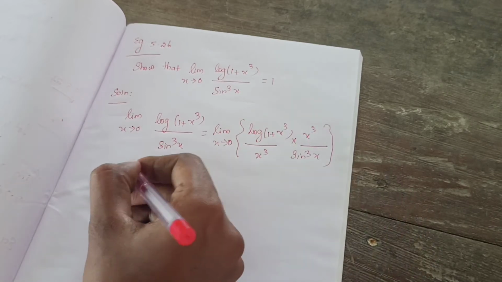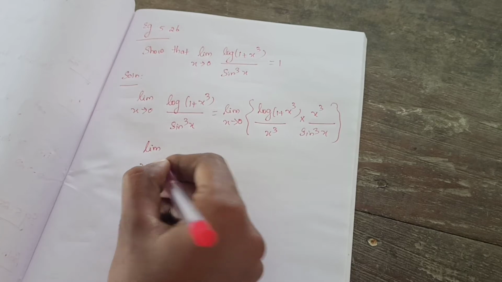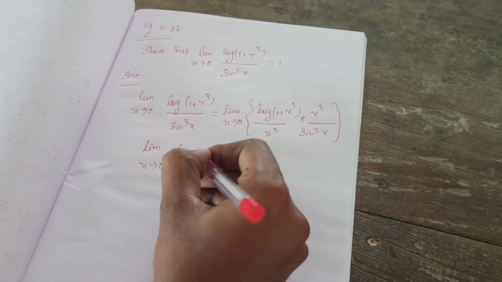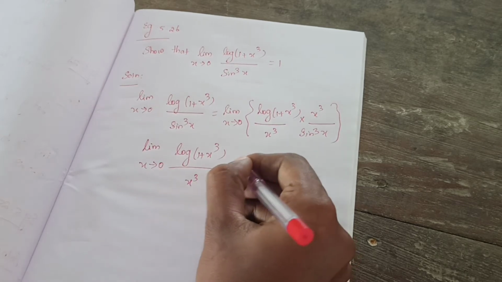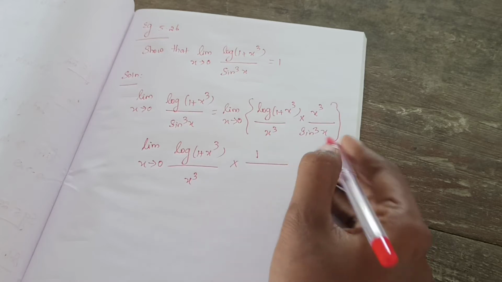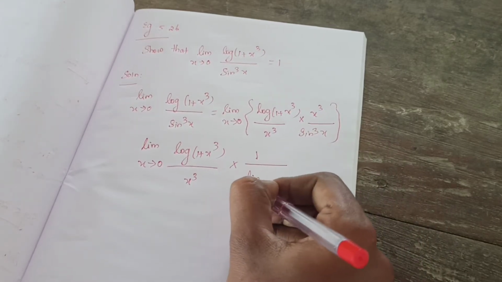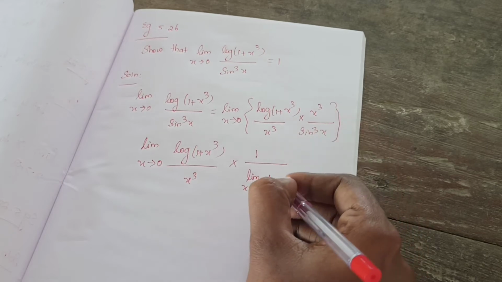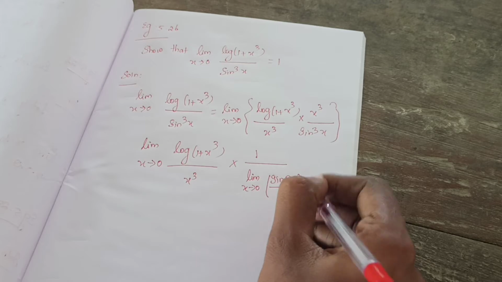Okay. Then next step, limit x tends to 0 log(1 plus x cube) divided by x cube into, we can bring this to the reciprocal. So 1 by, we can bring this to the reciprocal, which means limit x tends to 0, the sine cube will go to the numerator by x the whole cube.